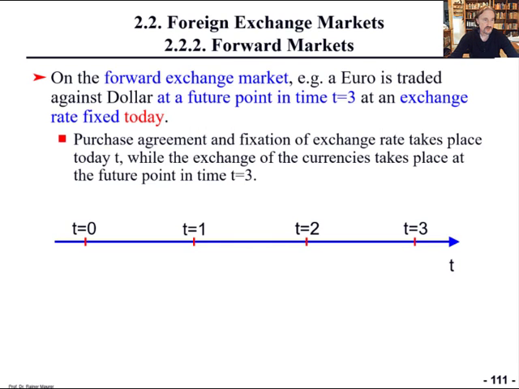On the forward exchange market, however, a euro is, for example, traded against the dollar at some future point in time, let's say 3 months ahead, at an exchange rate fixed today.